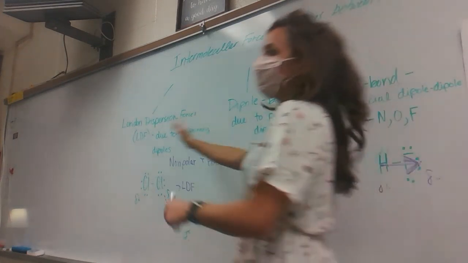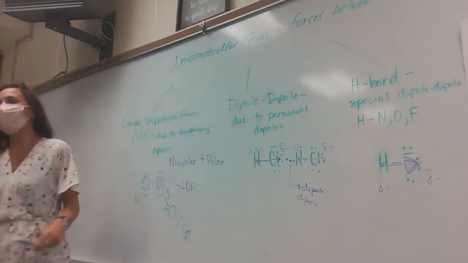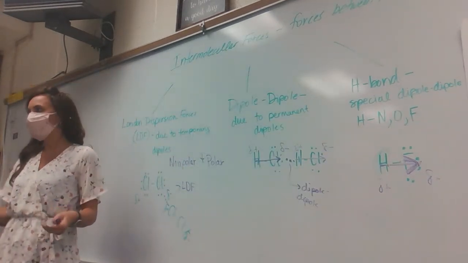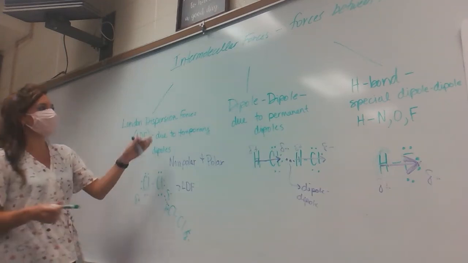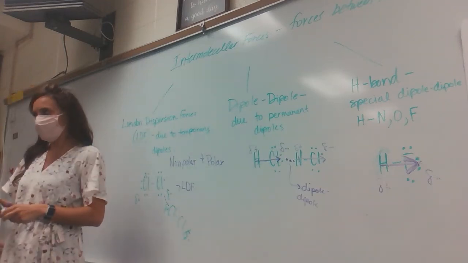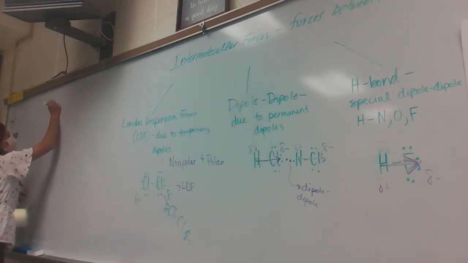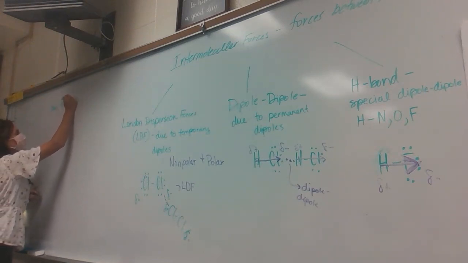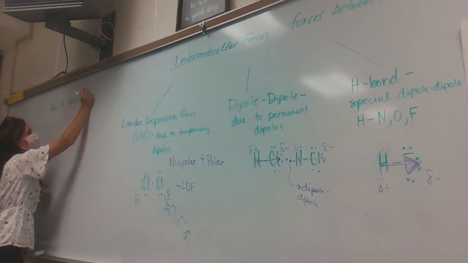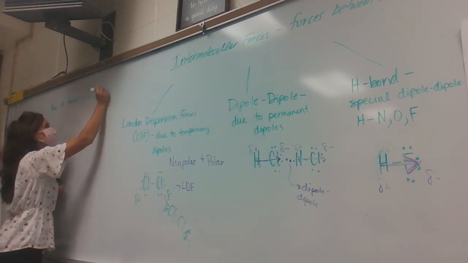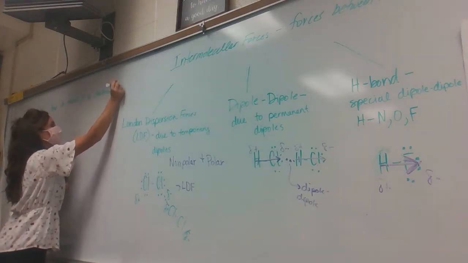Okay, so all of this means that we're going to have to decide if a molecule is polar or not, so we can assign the types of intermolecular forces. So, how to know if a molecule is polar.